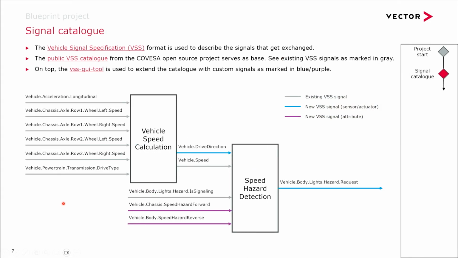So something that might be applicable for other OEMs or tier ones as well. So if you have a custom signal you don't find in the catalog, you add it, you export the catalog in JSON, as you would then consume it in the next steps.